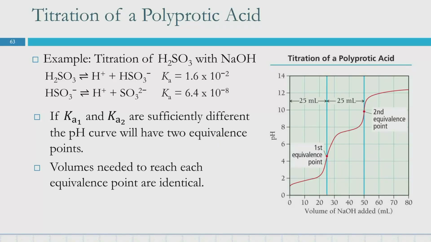The volumes needed to reach each of the equivalence points are identical, because we need to have a mole equivalent. So for every mole of our acid, we would need 1 equivalent of our base to reach an equivalence point, and the moles of our conjugate base, when we pull off one of those protons, we're going to have the same number of moles, and so we'll just need 1 more equivalent to pull off that next proton.